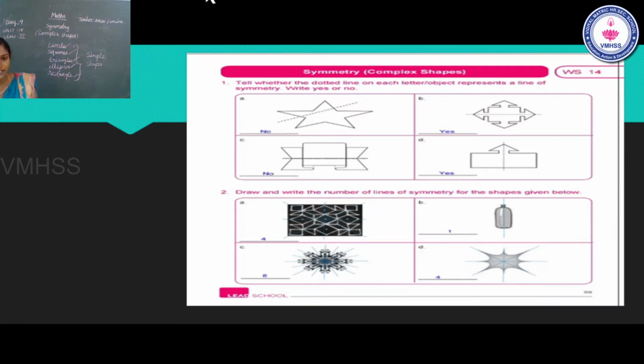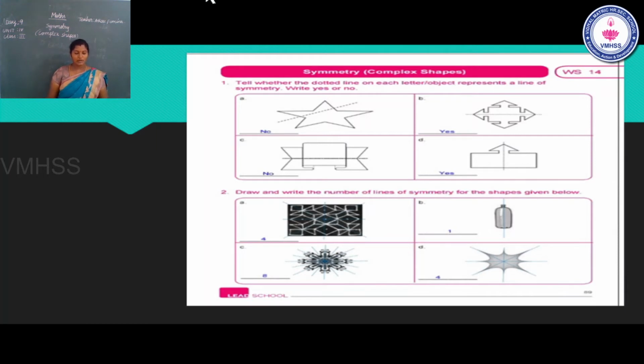Students, take fast. Listen. Tell whether the dotted line on each letter or object represents a line of symmetry, yes or no.